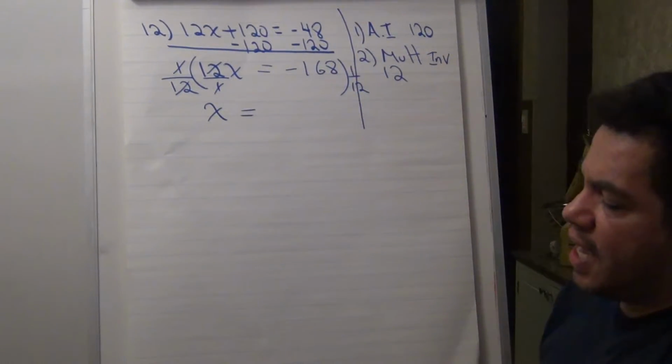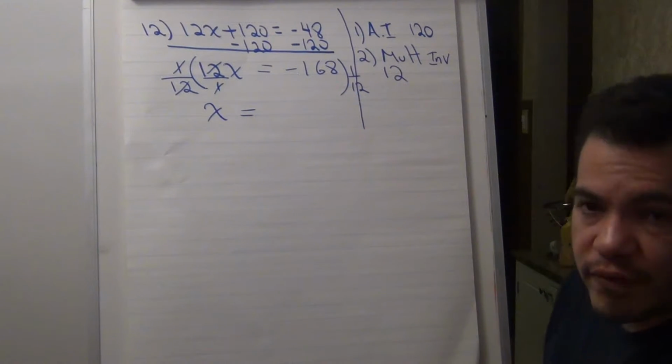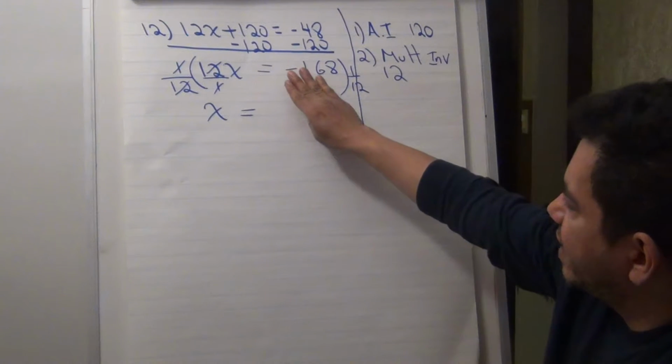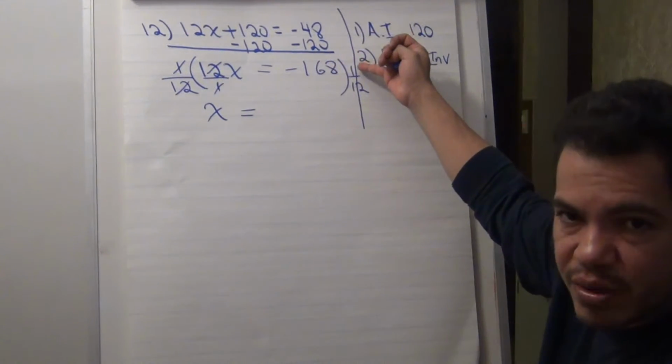And now what is negative 168 times 1 over 12? Well, negative 168 times 1 is negative 168, because anything times 1 is itself.